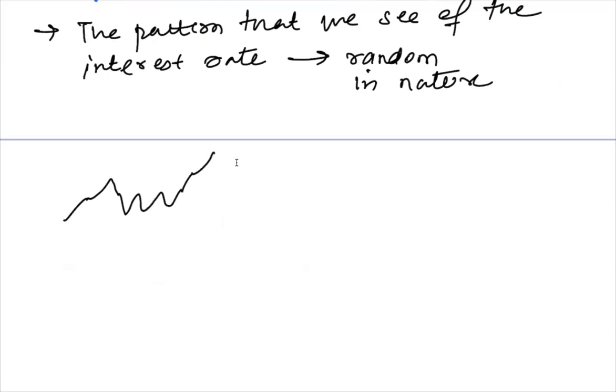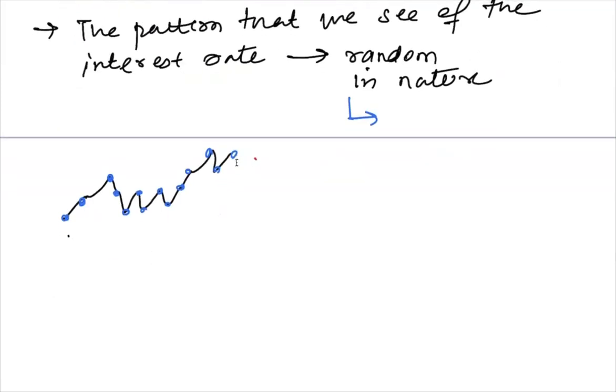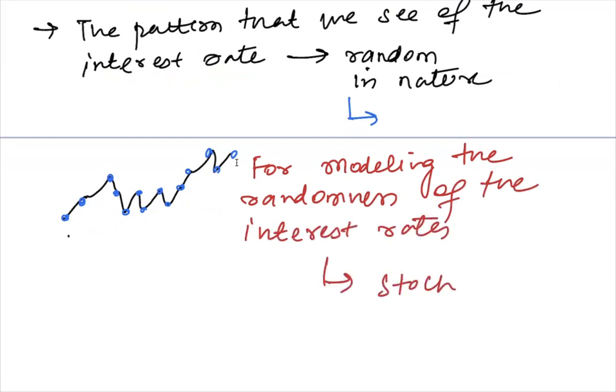These movements are completely random. So to model randomness, we need stochastic models. For modeling the randomness of the interest rates, we need a stochastic interest rate model.